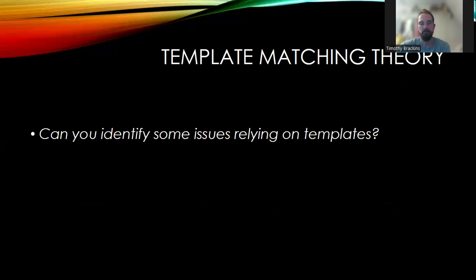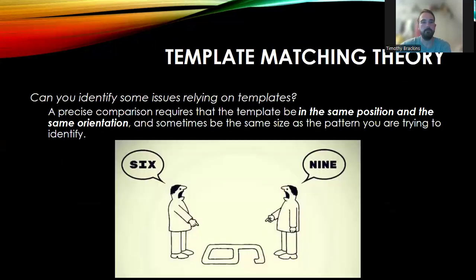So let's think about some issues. What are some issues that stem from relying on templates? If this is what our brain's doing, using templates to recognize objects in the world, what are some problems with it? Well, you can imagine one, which is that this requires that the template be in the same position and same orientation every time, and the same size as well.